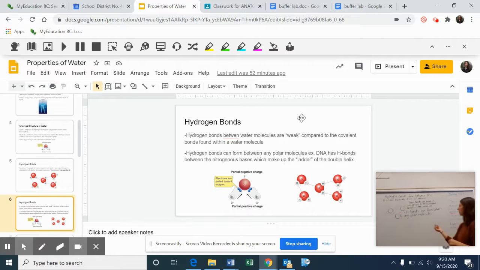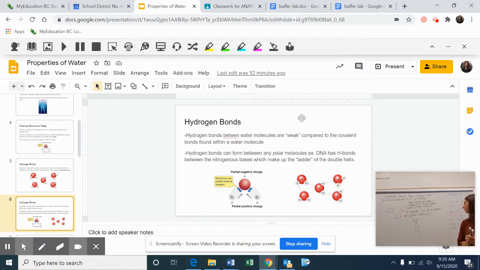Now, a good example of this is actually DNA. So you guys remember learning about the structure of DNA and how it's this double helix shape, and then you've got those base pairs, right? Like A, G, C, and T. And we'll go over DNA later in the course as well. Okay.